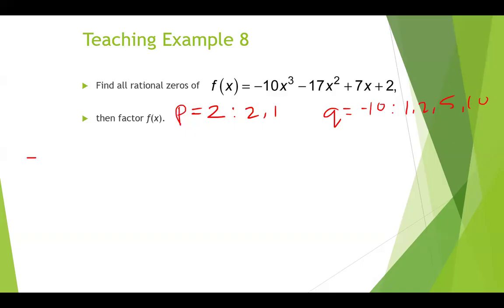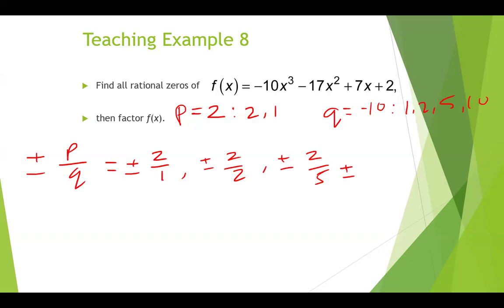To find our possible solutions, it's plus or minus P over Q. So plus or minus 2 over 1. That's 1, that's 2 of them, sorry. Plus or minus 2 over 2. Plus or minus 2 over 5.